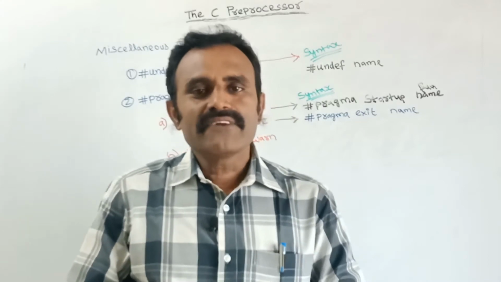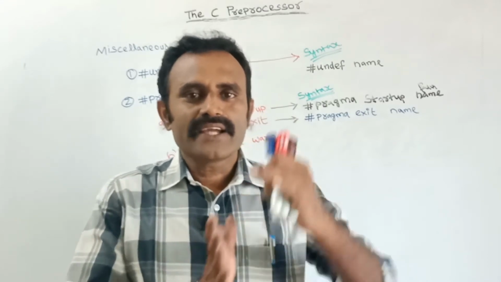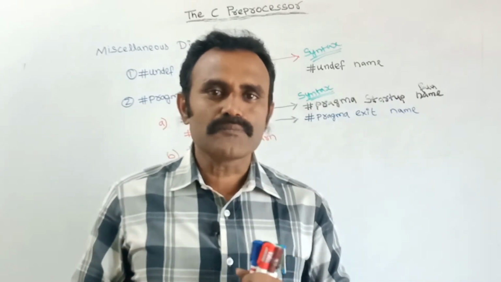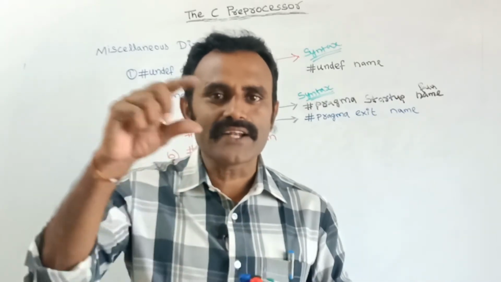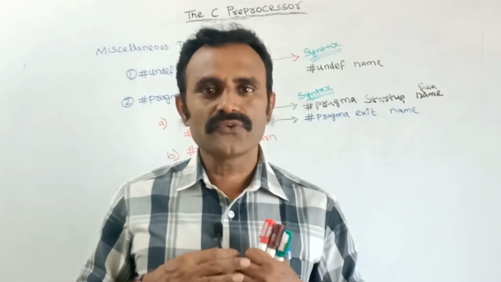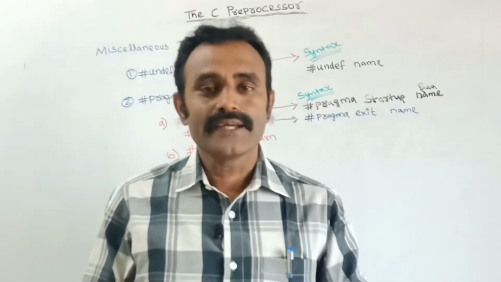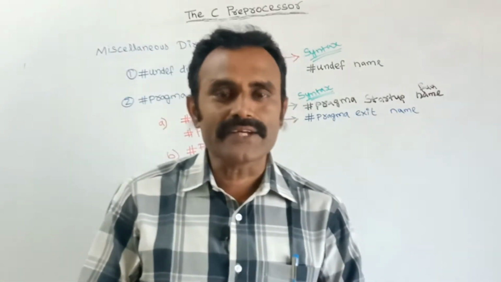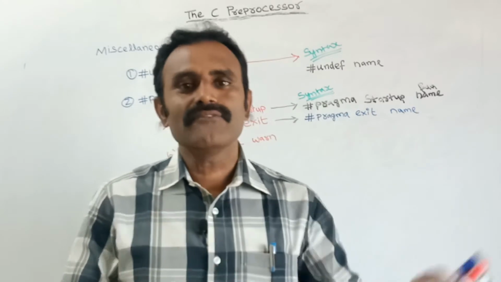So whenever we run the program, if any kind of warning is there, the compiler will tell us. Suppose we do not need that warning and I want to turn it off and hide it, then with the help of this pragma warn directive I can hide the warning.